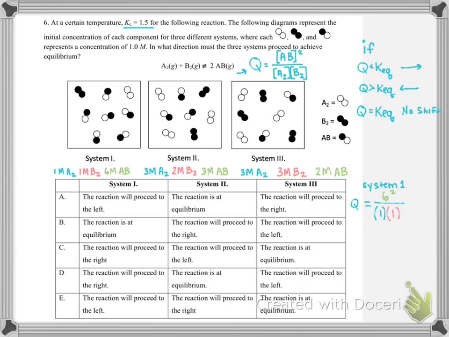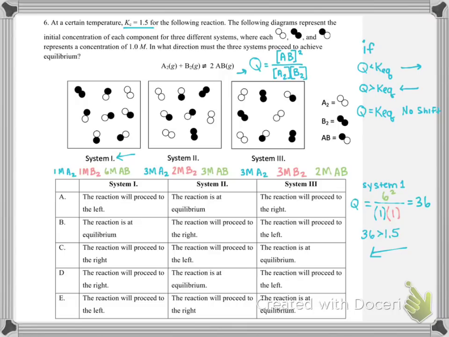So the Q here is going to be 36. Don't even need a calculator. And so the 36, which is our Q, is greater than the 1.5 KEQ. So we have too many products around, and the reaction is going to shift to the left. Okay, so I'm just going to put a little arrow there so we remember what we decided for system 1.